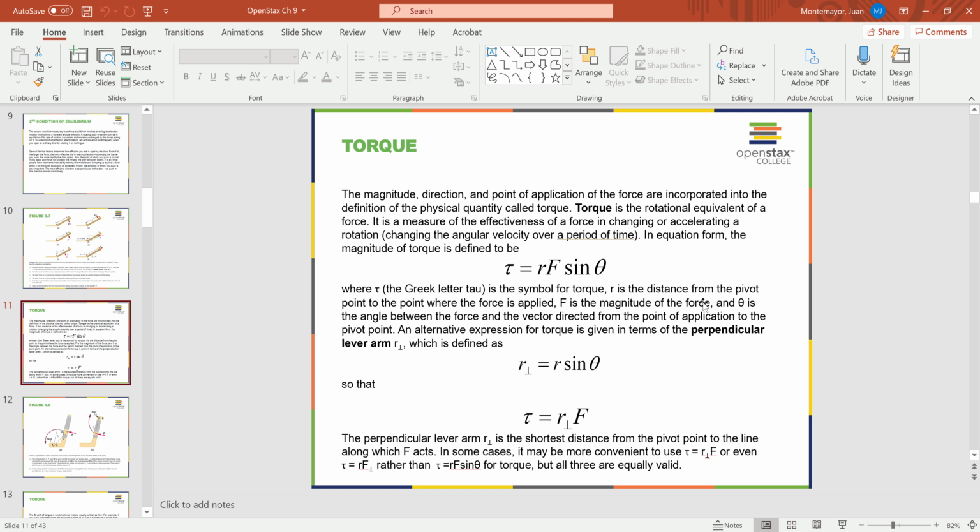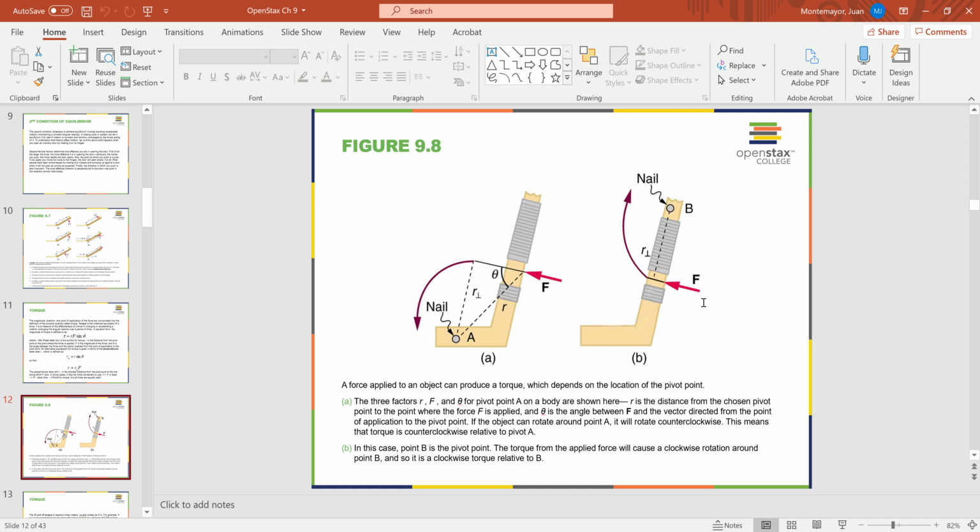So an alternative expression for torque is given in terms of perpendicular lever arm, which is your R perpendicular equals R sine theta. So if we have your radius and your force, if we have that R perpendicular, which means that your force is being applied at 90, that sine of 90 is going to be 1. Therefore, we just have R perpendicular and the force.